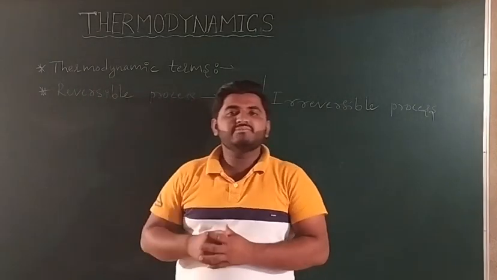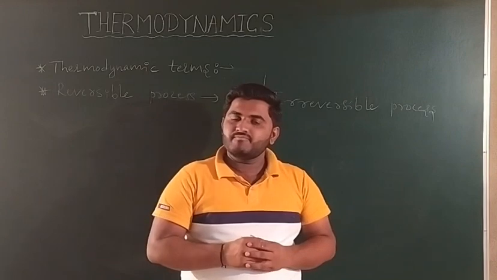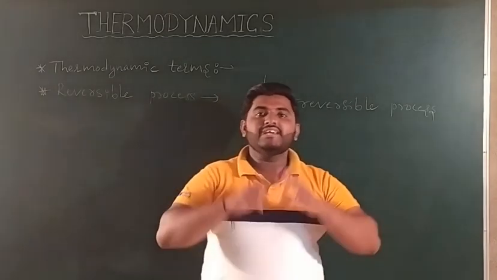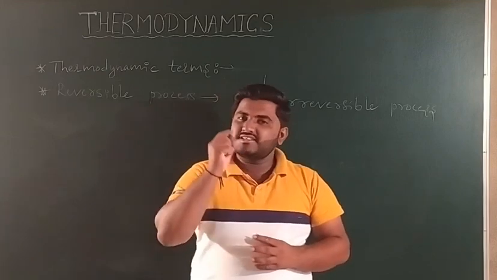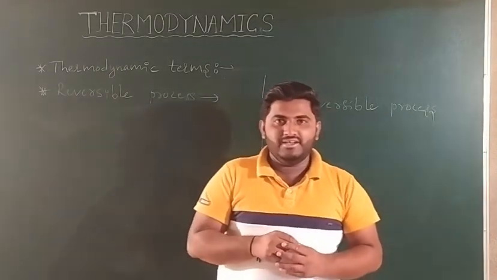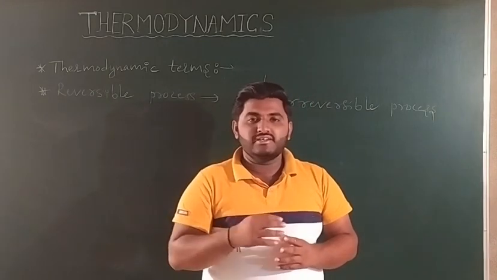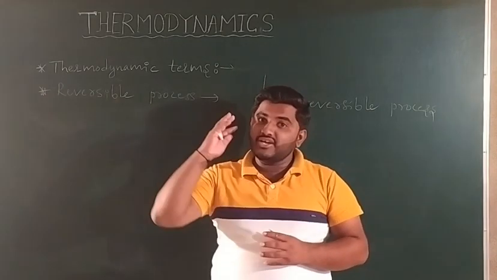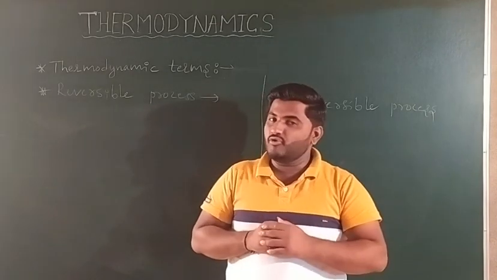What is a reversible process? A reversible process is a process which is extremely slow, and at any instant it can be reversed by applying an external force greater than the driving force.